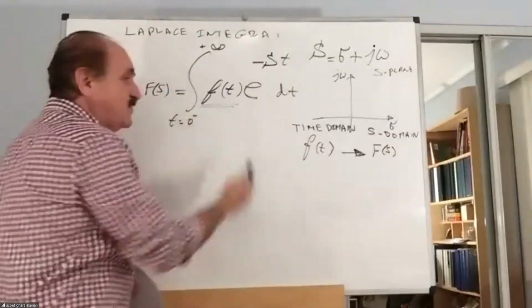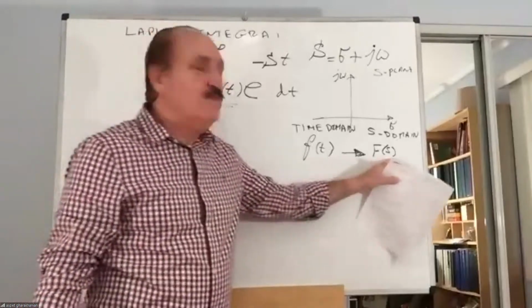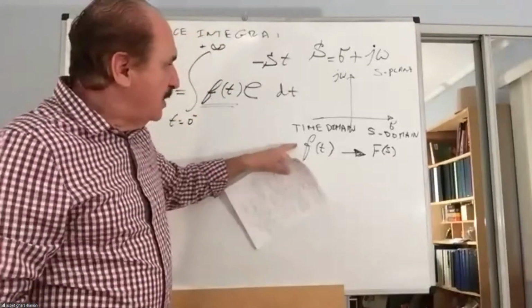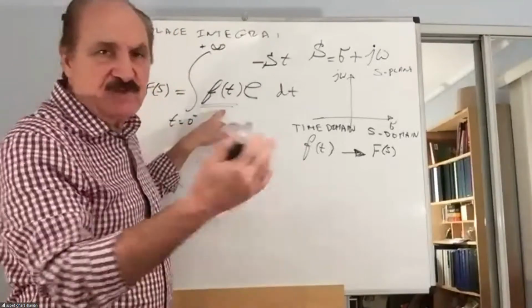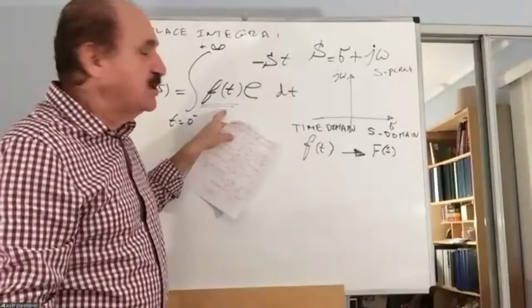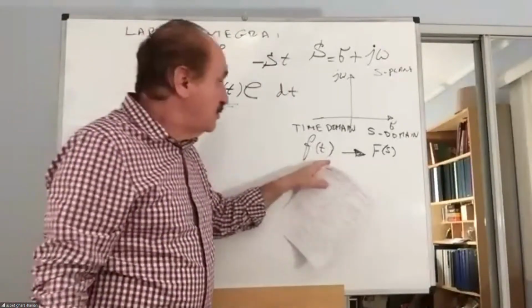So it will take the time function and we will get rid of the time function and transform it there. Not only can you transform the f of t, any given function, exponent function, sinusoidal function, name it, step.